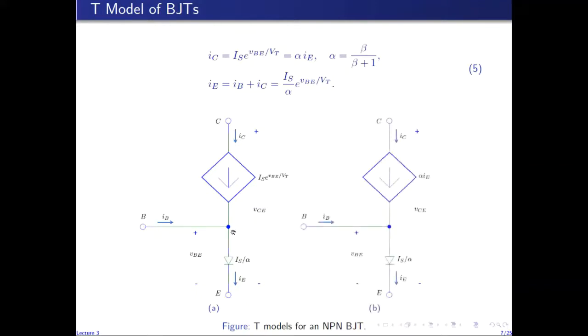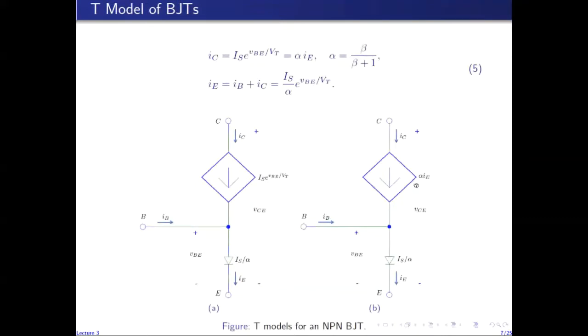We can equivalently represent this T model by using, instead of a voltage controlled current source, a current controlled current source, because as you've seen, IC can be written in terms of IE through alpha, so we can equivalently represent the collector current as a current controlled current source. These two models are perfectly equal.